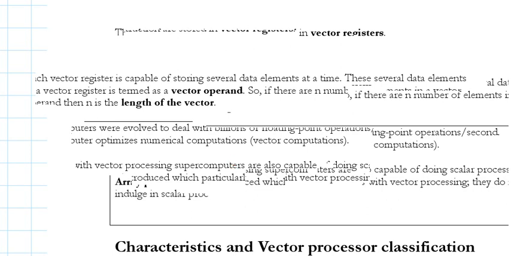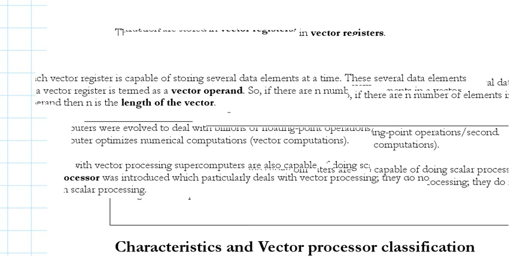However, along with vector processing, supercomputers are also capable of doing scalar processing. Later, array processors were introduced, which particularly deal with vector processing, but they do not indulge in scalar processing. We have studied array processors before.